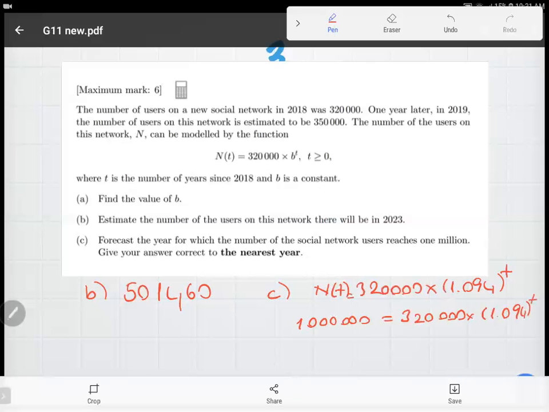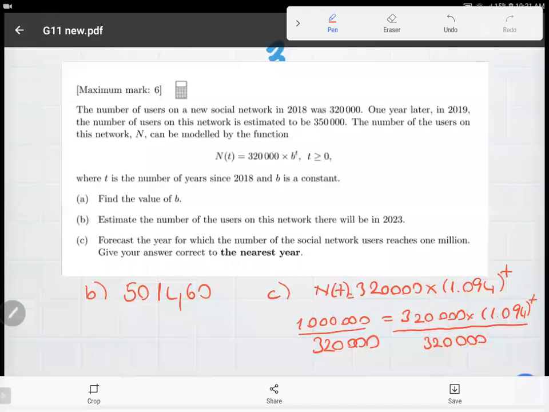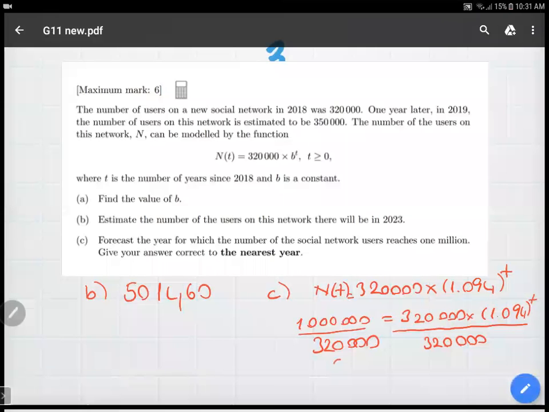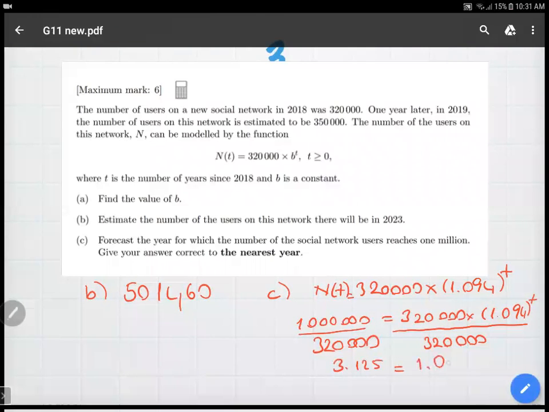First of all, again, I will divide both sides by the coefficient of my unknown. So divide both sides by 320,000. And we get that 3.125 is equal to 1.094 power t.